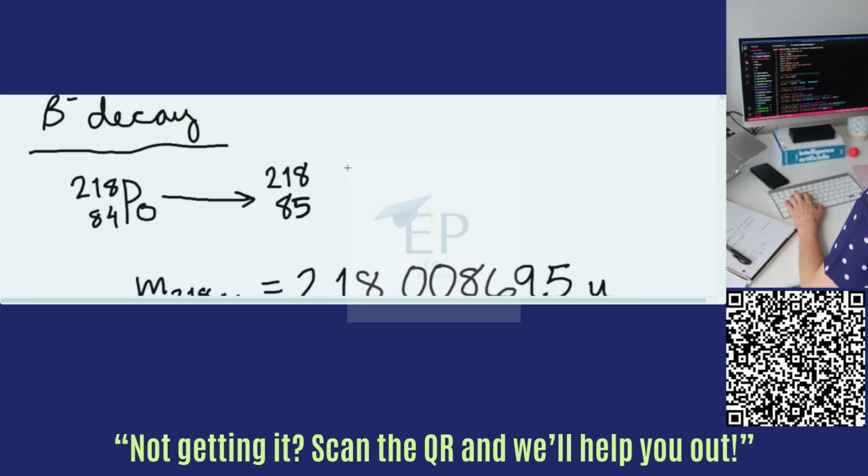The element in the periodic table with an atomic number of 85 is called astatine. Its symbol is At. And then we also have our outgoing electron as well as an outgoing antineutrino.